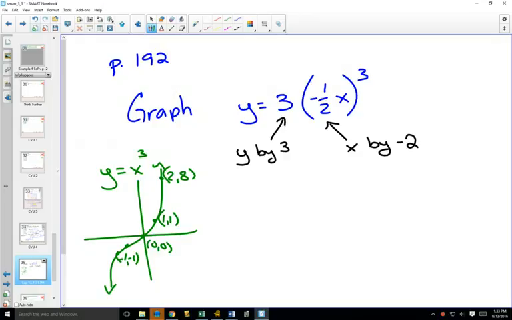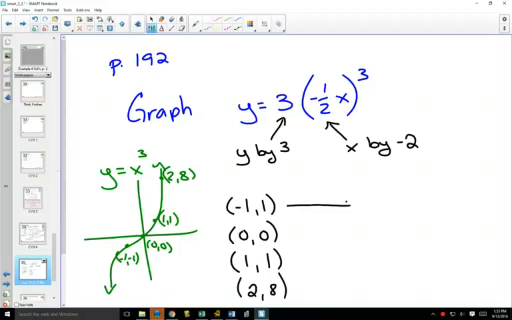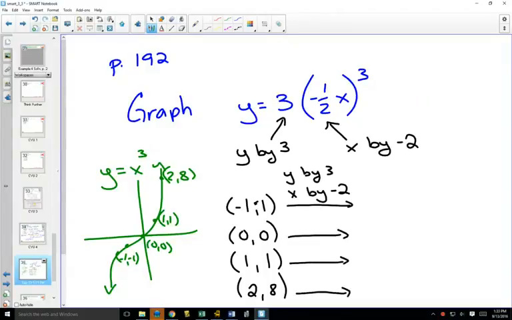So if we have that, we can take these 4 points and we can do both of those to all 4 of those points.